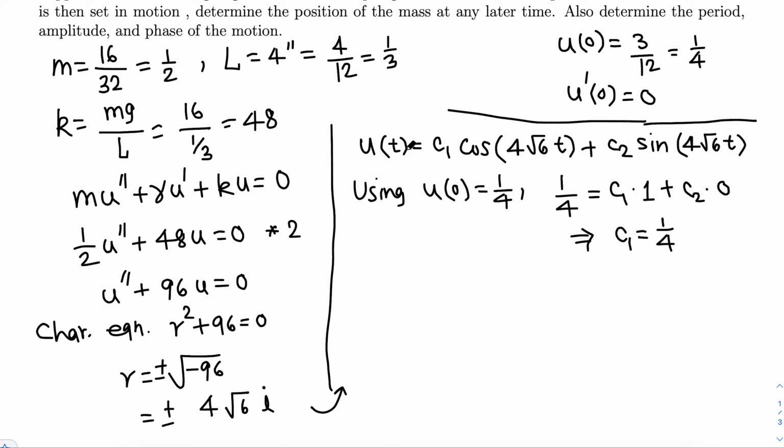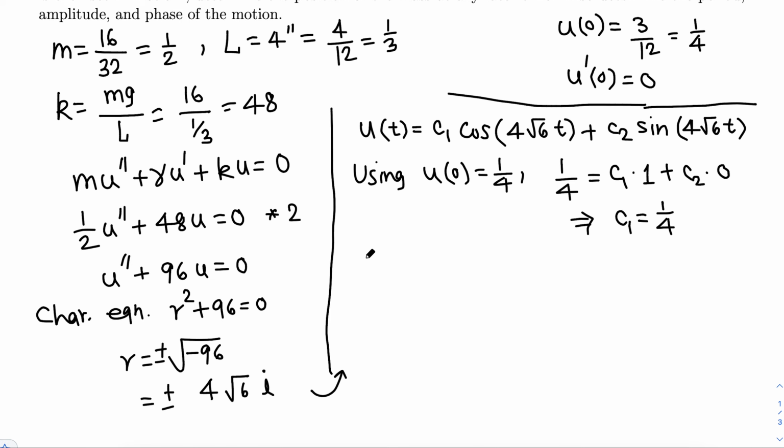u prime means we need to find the derivative. So the derivative of this function: C1 is constant. Derivative of cosine is negative sine of this one, and from the chain rule this number comes to the front. So negative 4√6 C1. In fact, we can put the value of C1 if we like, but let's skip C1 for now.